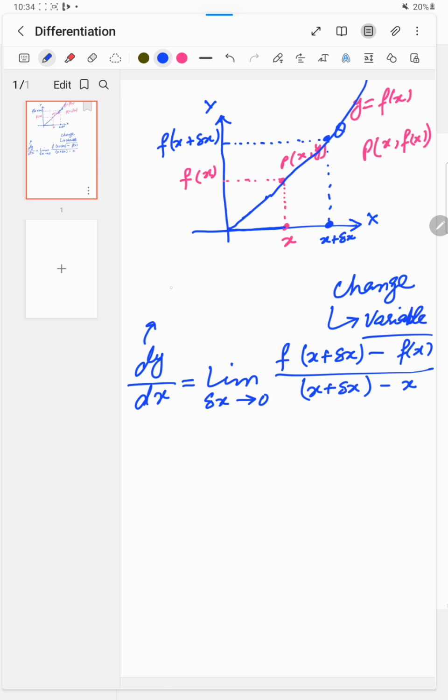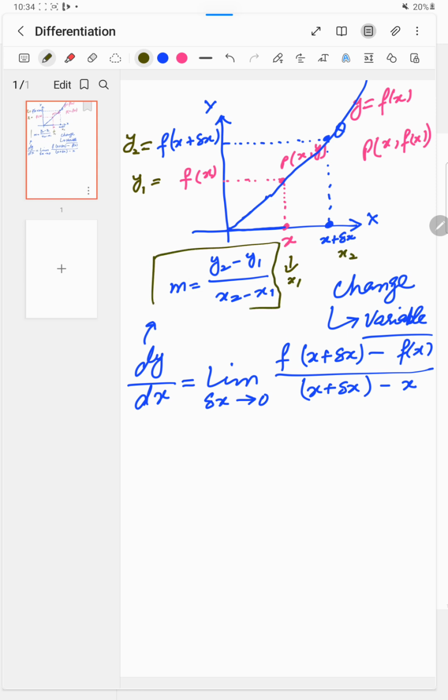It is like how we define gradient, which is equal to y2 minus y1 over x2 minus x1. Similarly, let's suppose this is our y2, this is y1, this one is x1 and this is x2. So we put it in this relation, and we get the definition of differentiation. So differentiation is basically m equal to rise over run.